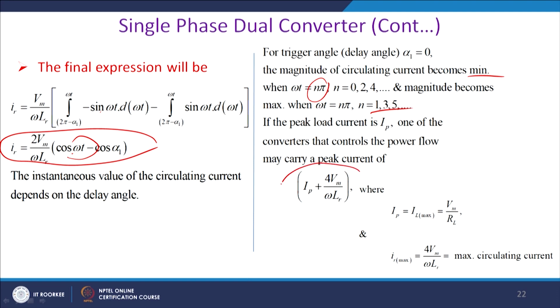So, these are the expressions. IP equals IL max, that is Vm by RL, and IR max, the peak value of the circulating current, is 4 Vm by omega Lr.